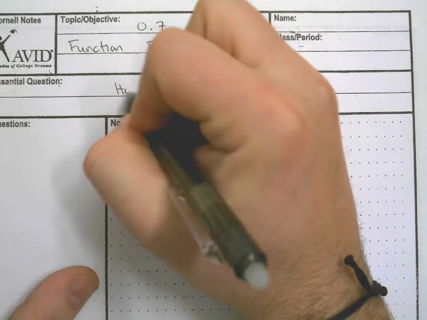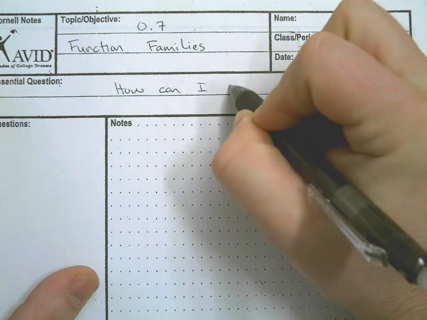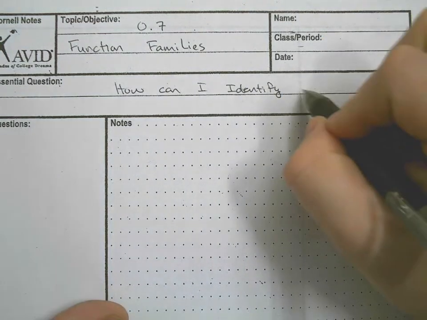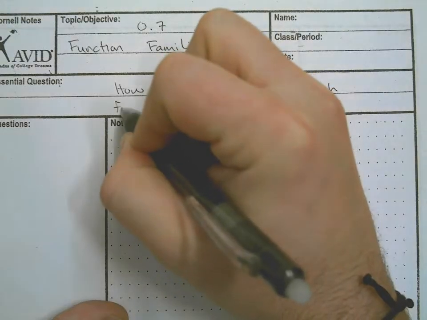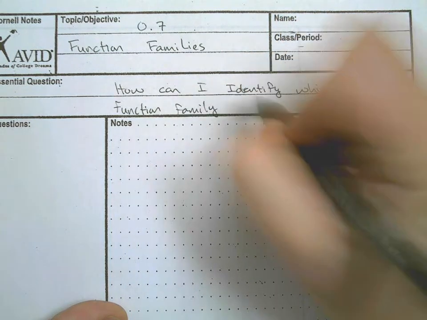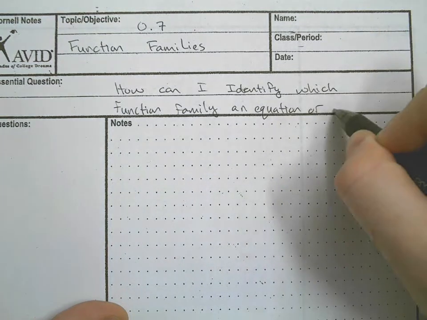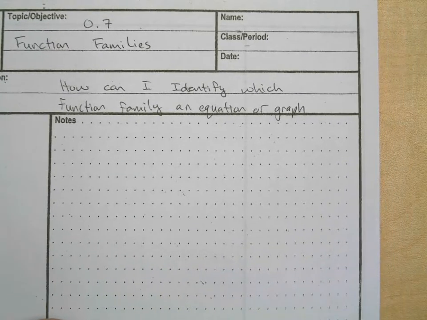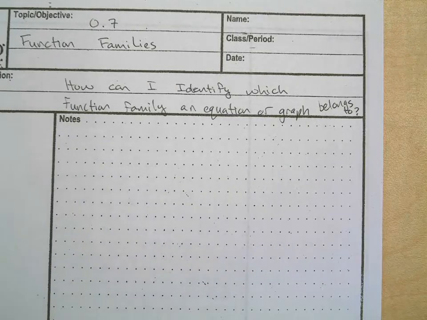And our essential question is, how can I identify which function family an equation or graph belongs to?